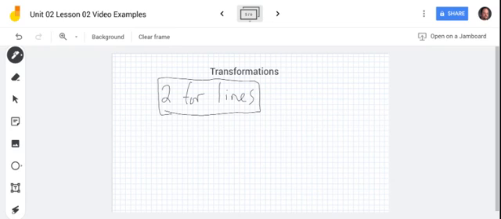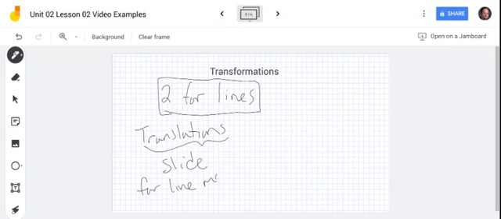The two that we're going to look at are a translation, which we're going to call a slide. Translations for a line move up or down. We're going to ignore left and right. With a line, if you move it up and down, points have also moved left and right at the same time.